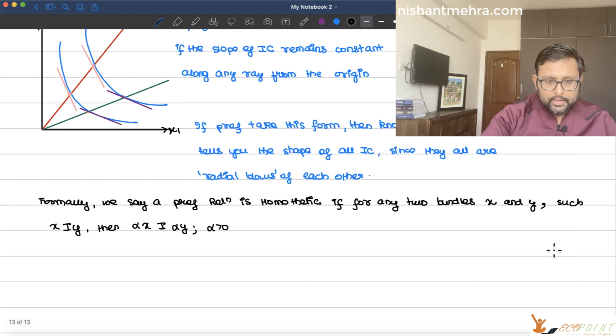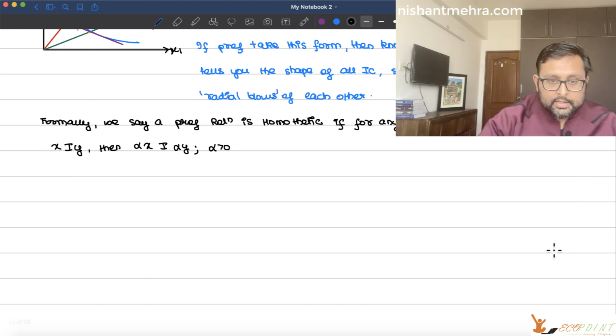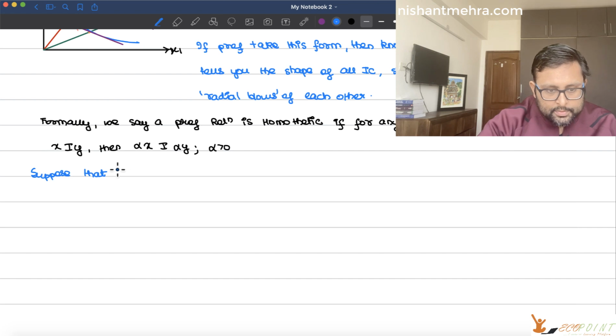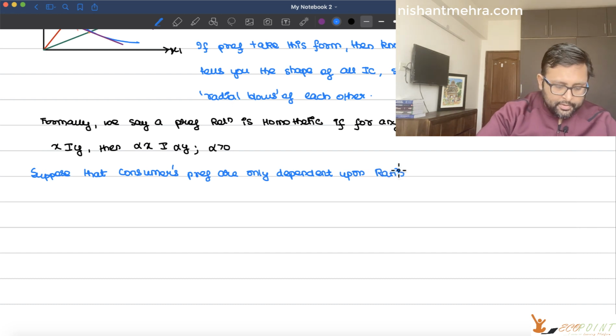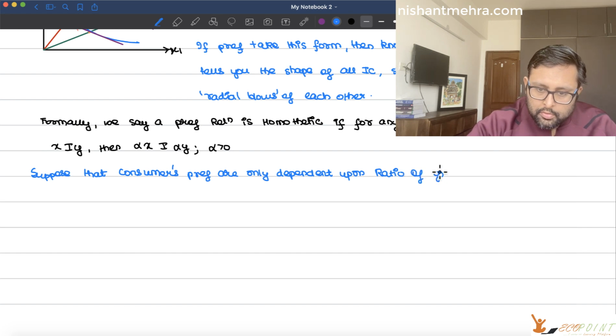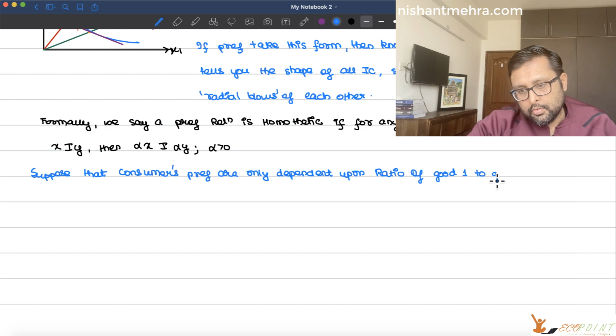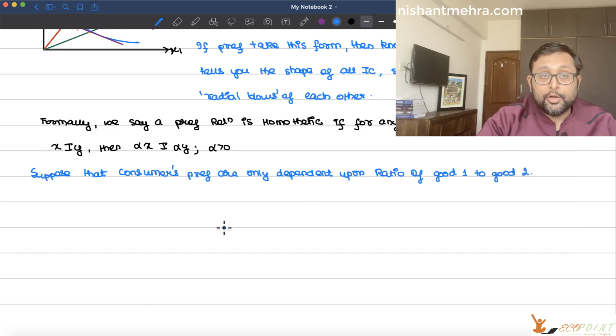So let me just write this in English. What I mean by this, suppose that consumer's preferences are only dependent upon the ratio of good 1 to good 2.